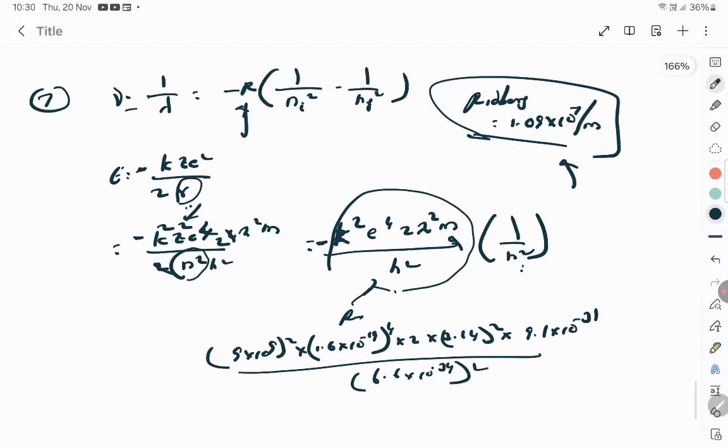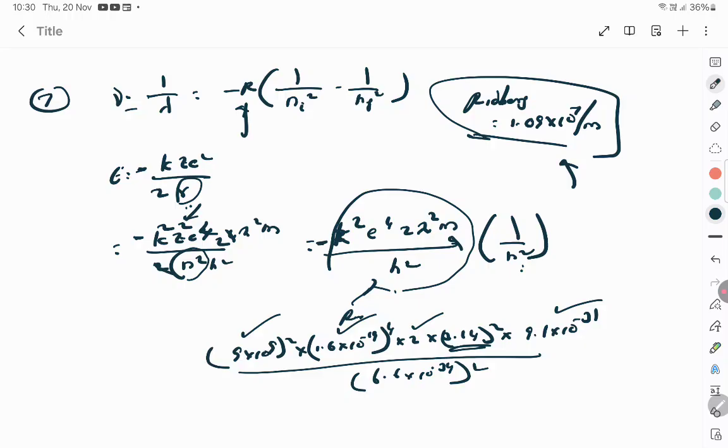You have to get this. Has he written this? 2 is there. Tell me what all is there. 9 into 10 to the power 9 the whole square is there. 1.6 into 10 to the power minus 19 the whole to the power 4 is there. 2 is there. 9.1 into 10 to the power minus 31 is there. 3.14, they have done pi square.